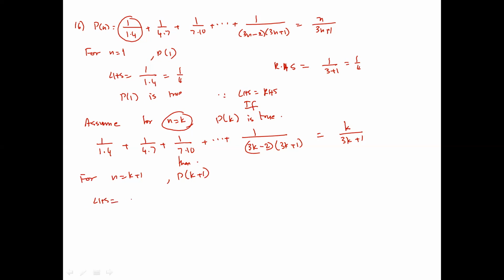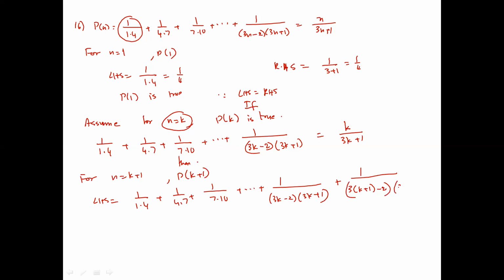For left hand side, you will take 1 by 1 into 4 plus 1 by 4 into 7 plus 1 by 7 into 10 and so on. We first put n as k, (3k minus 2) into (3k plus 1). After that, the next term, I will write k plus 1: 3 into (k plus 1) minus 2, and then 3 into (k plus 1) plus 1.